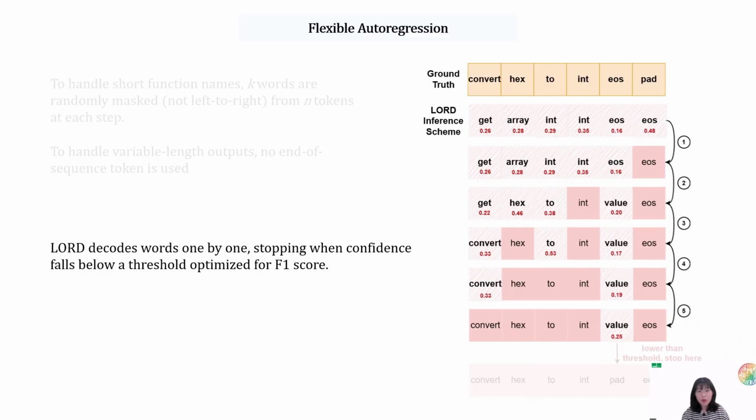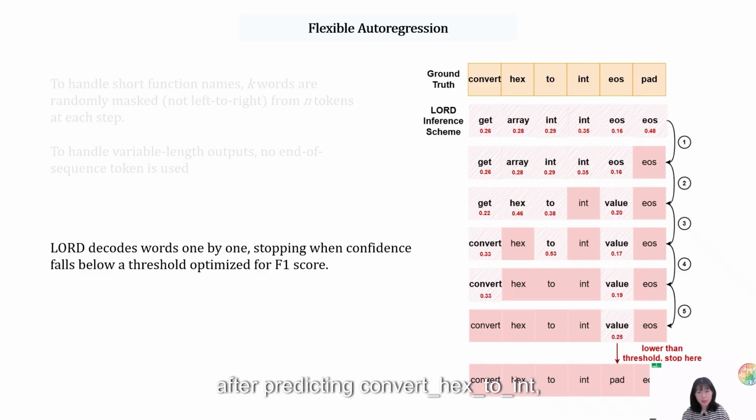For instance, after predicting convert hex to int, the best remaining candidate might have confidence 0.25, which is below the threshold, so the decoding would stop here. And in this way, LORD avoids generating low confidence, potentially false positive tokens, thus keeping precision high.